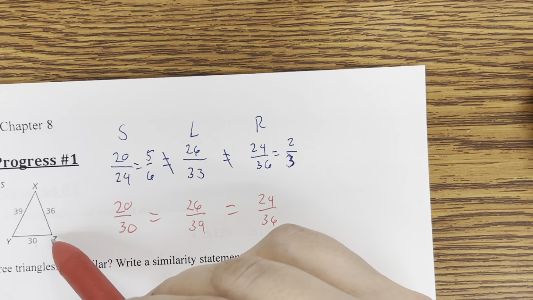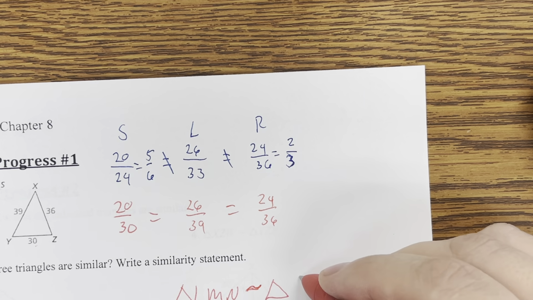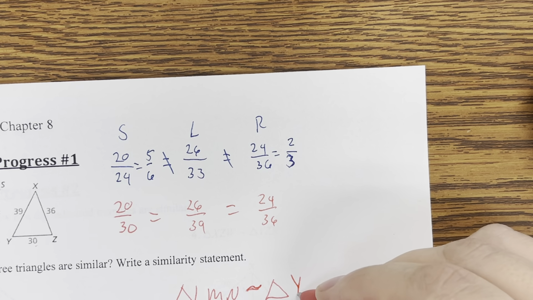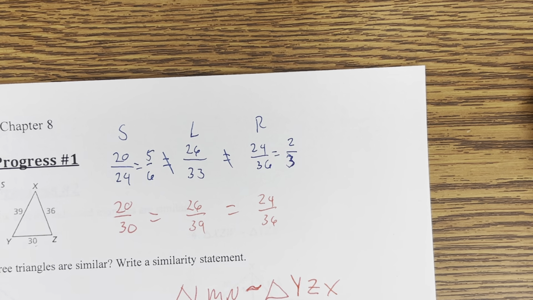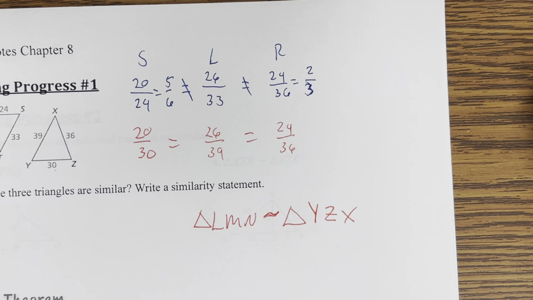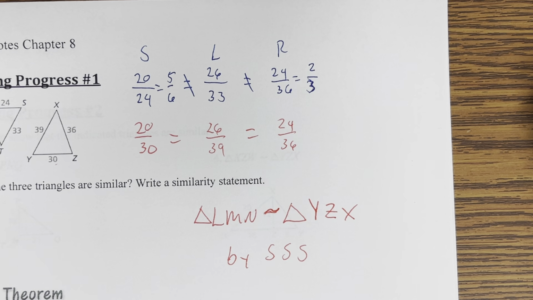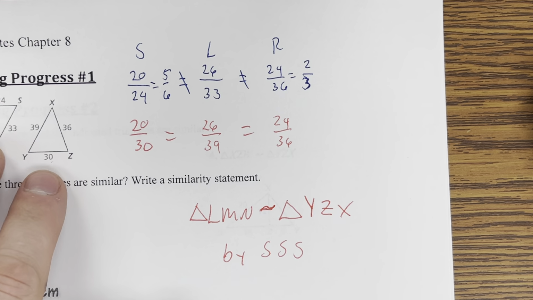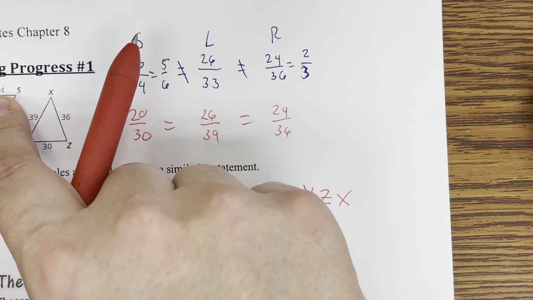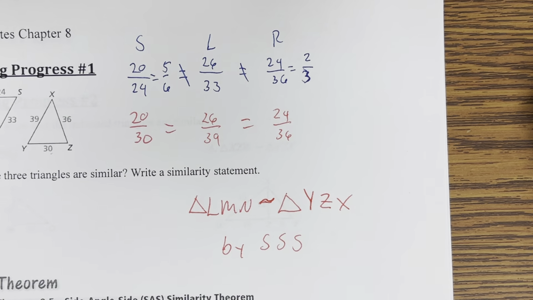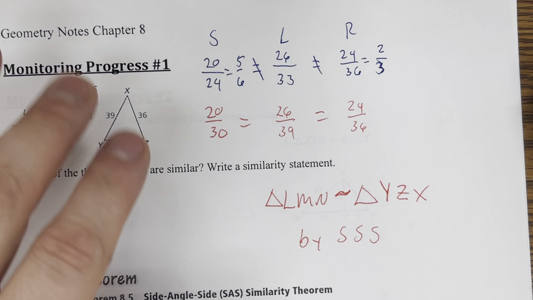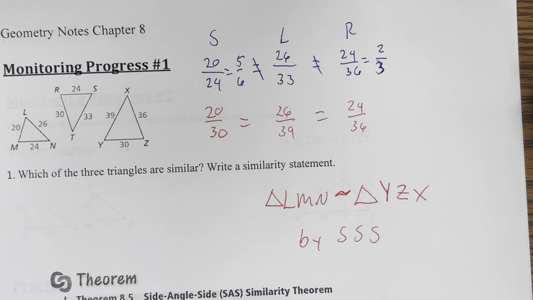So Y, Z, X. And I know that by side, side, side. And I would now know that these two are not going to be similar as well. Since these two were and these two weren't, all three would have to be for it to happen. So I don't really need to check the third one. We're good to go.